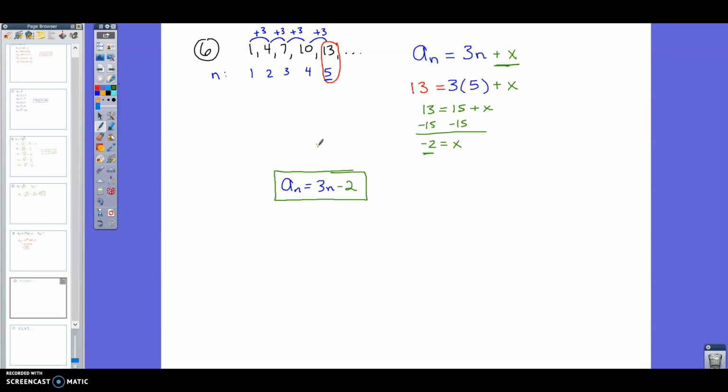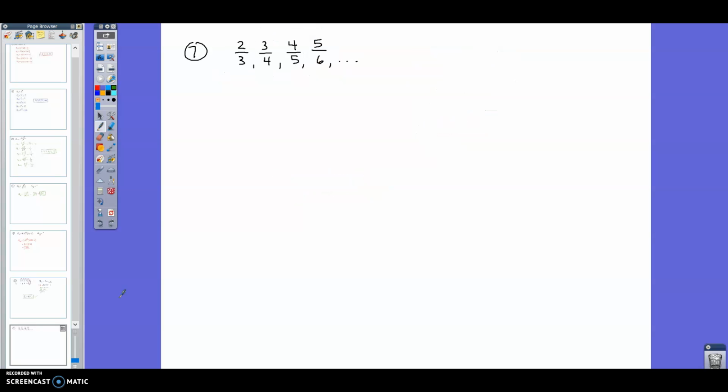Now you can check these. For example, if I plug in a 3 into this equation, I should get 7 as an answer. 3 times 3 is 9, minus 2 is 7, which checks out, so we know that works.